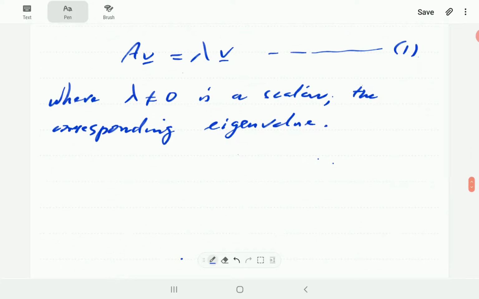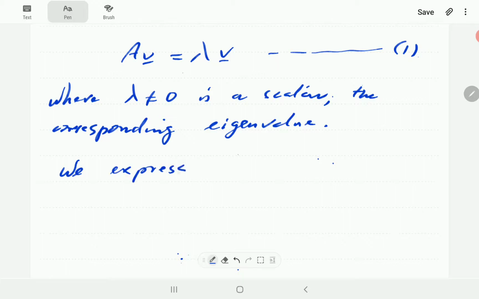Now we're going to have to manipulate equation 1 so that we can get a formula for finding the eigenvalues.